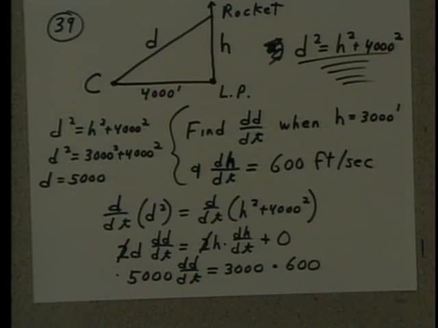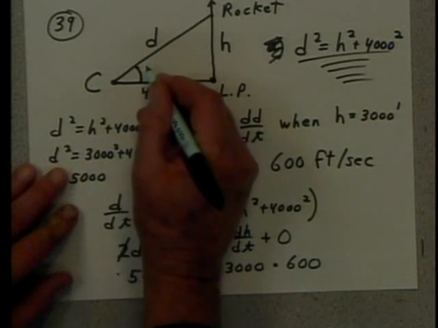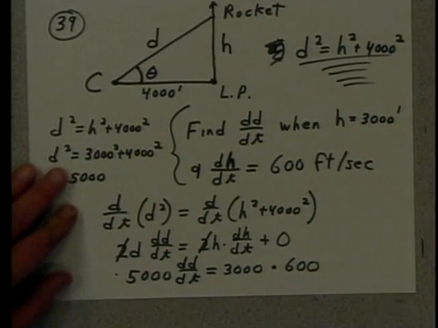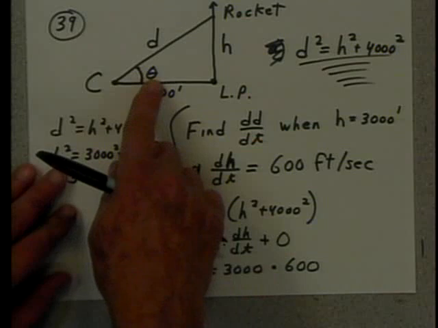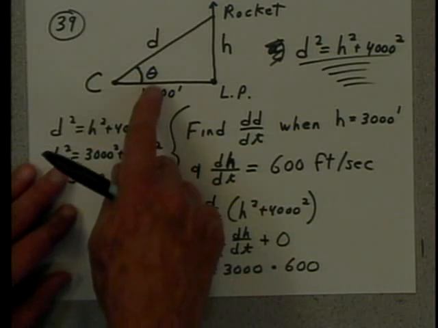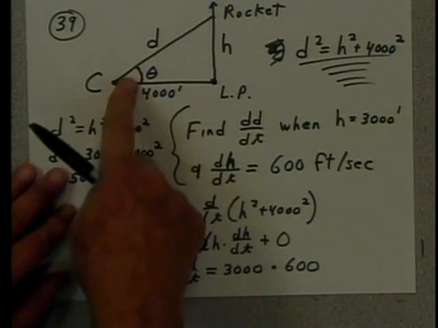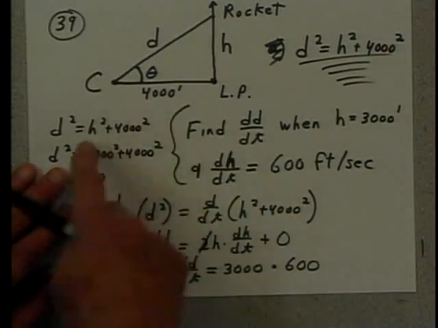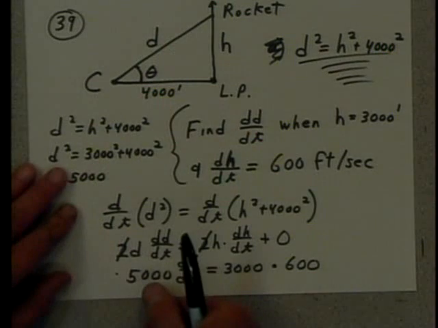Now for part B, it's the same picture, but they want to know how fast this angle is changing. So you just have to make an equation that has theta in it. If you use tangent of theta, it'd be H over 4,000. If you use sine of theta, it'd be H over D. If you use cosine of theta, it'd be 4,000 over D. They all work.